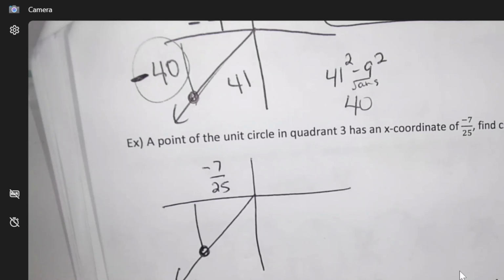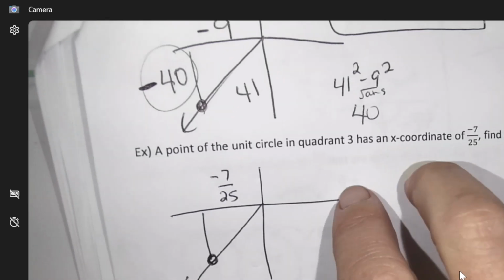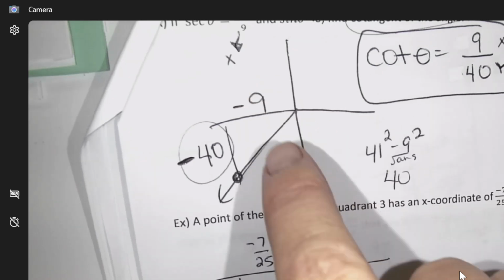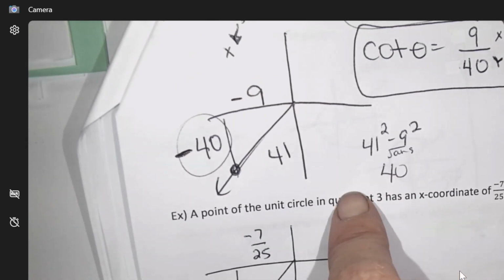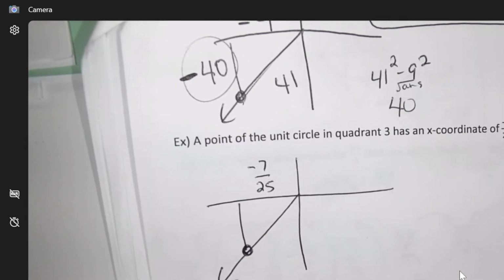Okay, this seems weird because every single other triangle always had 2 of the sides missing 1. This question only gave me 1 number. So what am I missing? There's something else that it's giving me that I didn't put on my triangle. Can anybody spot it? Because you always need 2 sides.